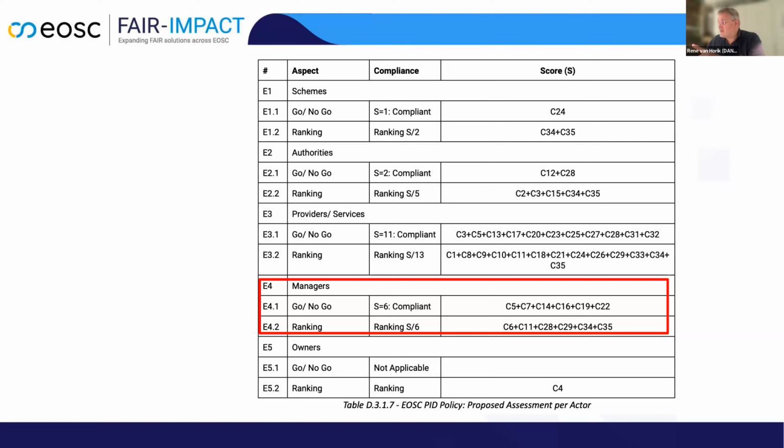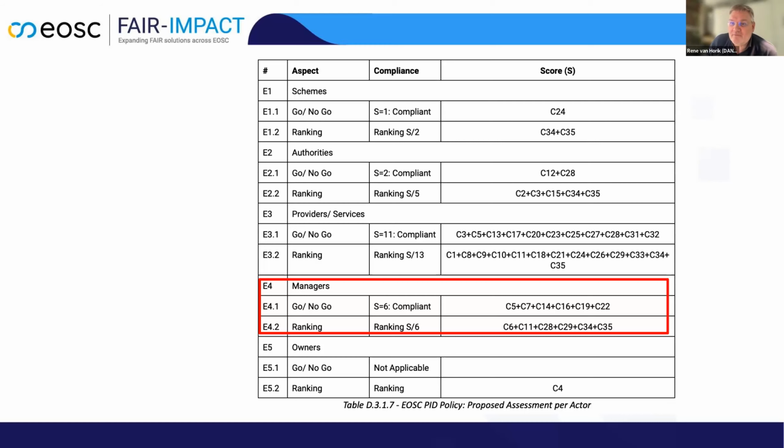And then there are also criteria that have a may and should, and it's always good if the manager meets all 6 of them, but if not, it just helps you to rank.